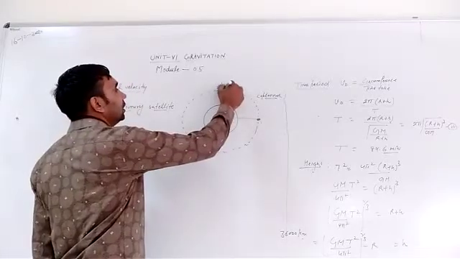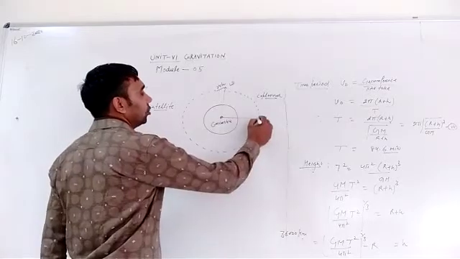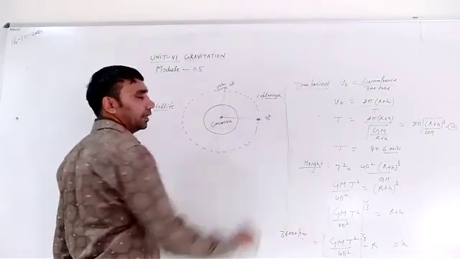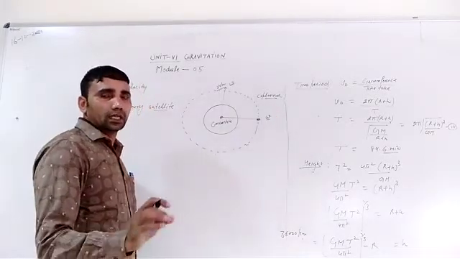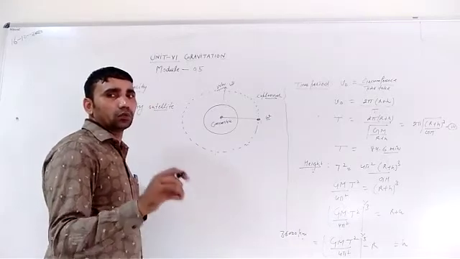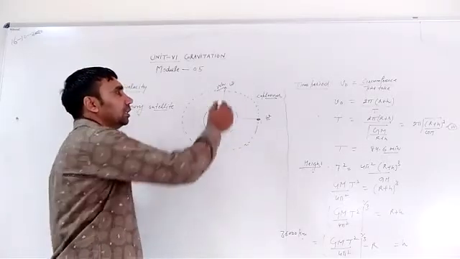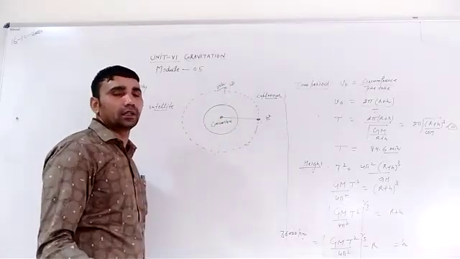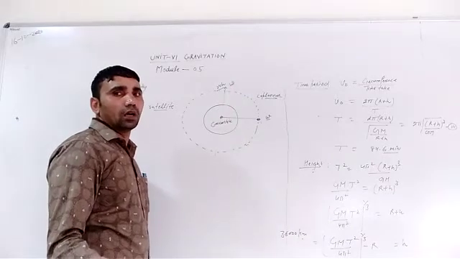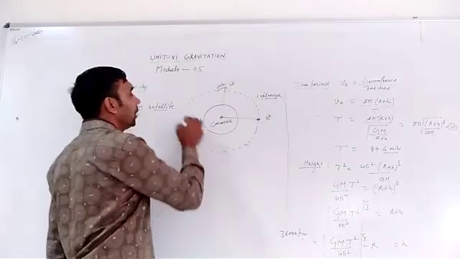The Earth has angular velocity omega about its own axis, the same as that of the satellite. This satellite is concentric, coplanar, and has the same angular velocity as the Earth. Earth rotates about its own axis in 24 hours, and the satellite revolves around the Earth in 24 hours from west to east.